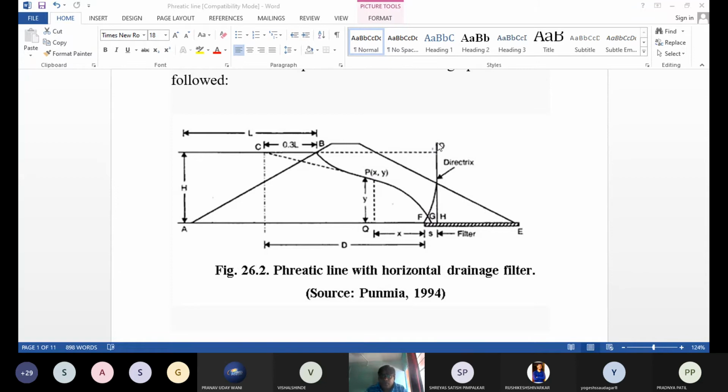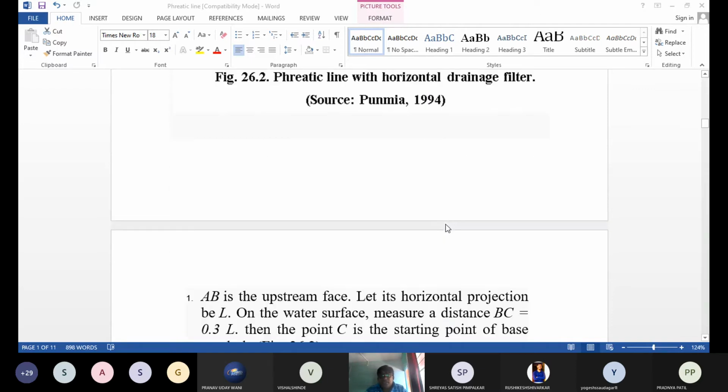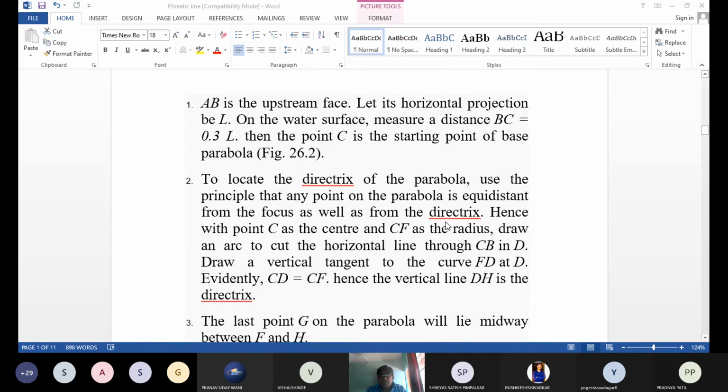And you drop a perpendicular over this filter, so D to H intersects at the point H. So this is now the exact location of the directrix.